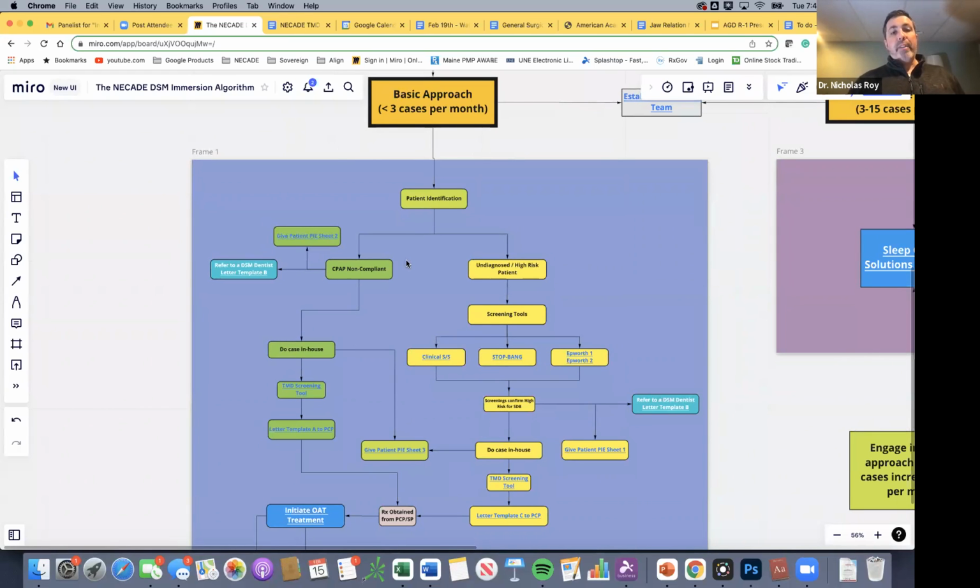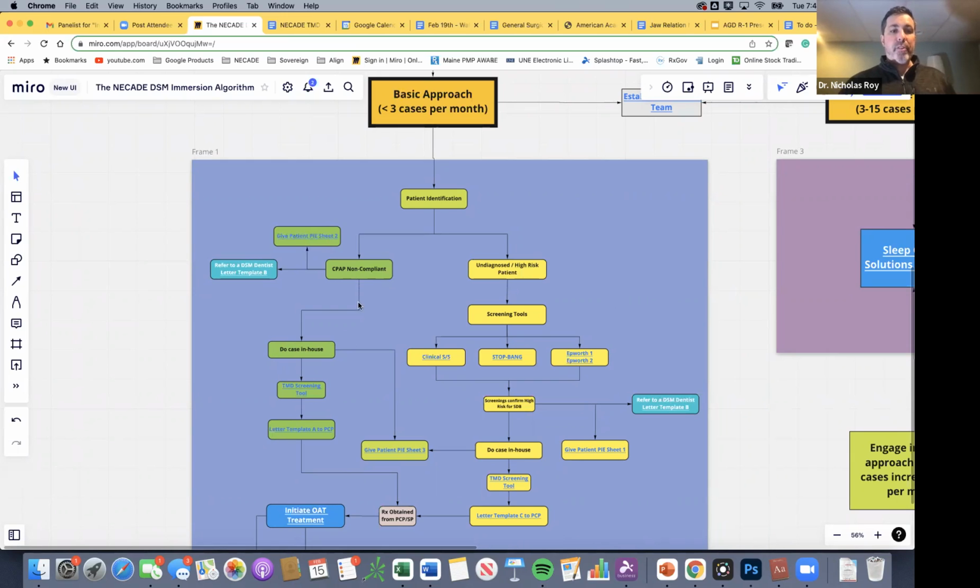Well, there's 2 kinds of patients. One, there's a CPAP non-compliant patient or a CPAP intolerant patient. And then there's a patient that doesn't yet know they have sleep apnea that is high risk for that condition. Well, let's start with this patient over here. Low-hanging fruit, CPAP non-compliant patient. They've already been diagnosed. They just don't want to wear their CPAP.